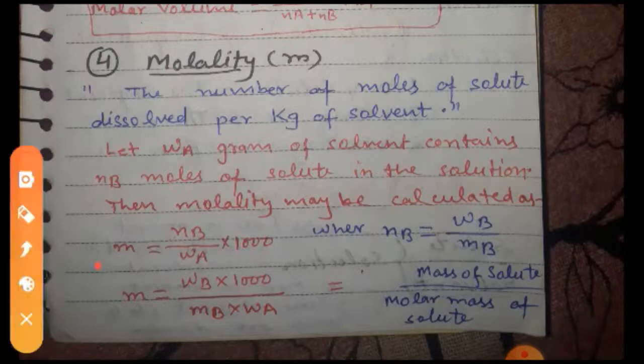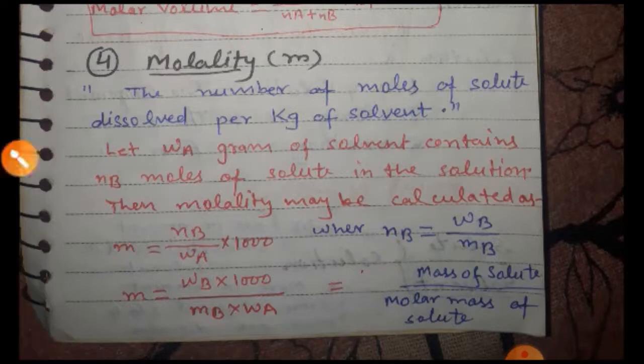Molality, small m, equals NB upon WA into 1000, where NB equals WB upon MB, meaning mass of solute upon molar mass of solute. Then molality equals WB multiplied by 1000 upon MB multiplied by WA. This is molality.